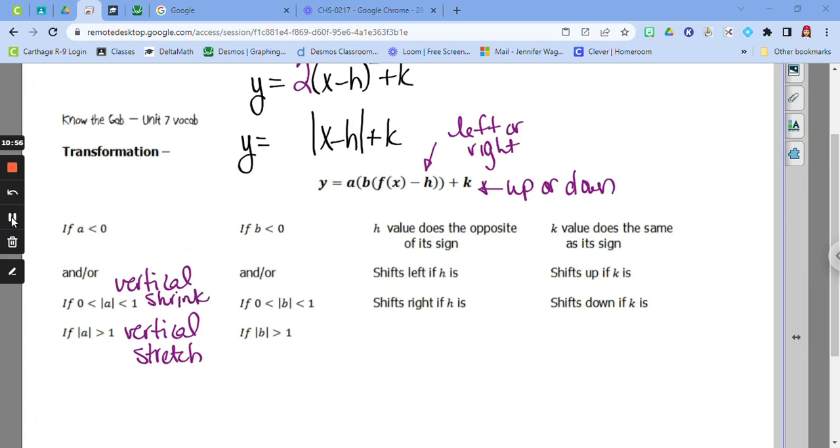Okay. Horizontal. Horizontal are the ones that you see within the function operation. That's why you see the B inside the parentheses. Okay? So, vertical stretch.